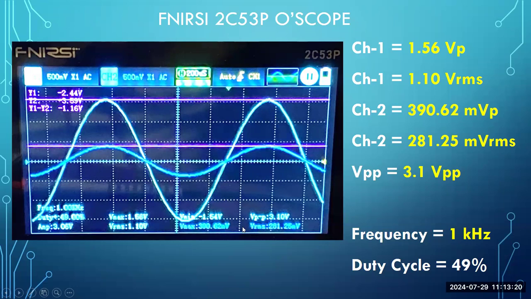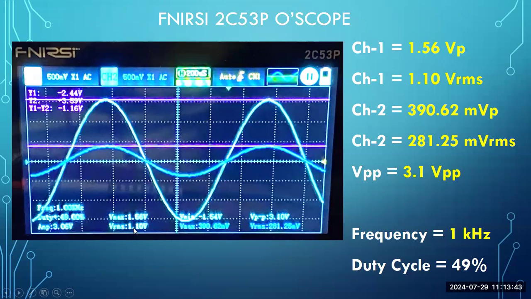So these values, I don't have to try to read off of my cursor. This comes up automatically as I've selected these parameters from my setup to be put on the display screen. Pretty handy.